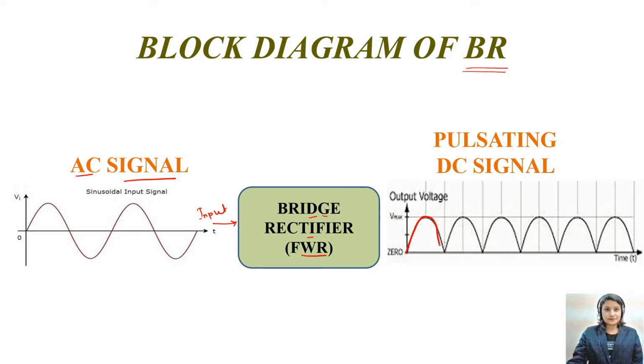Full wave rectification means it allows the positive cycles to flow in the positive direction, and the negative cycles change their direction into positive cycles. So why are we getting full wave rectification by using a bridge rectifier? That we have to study.